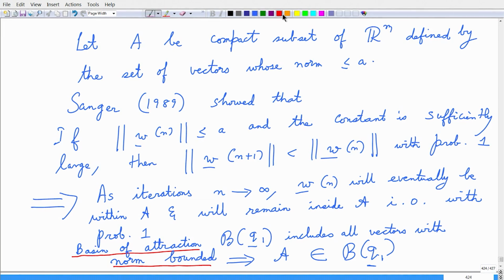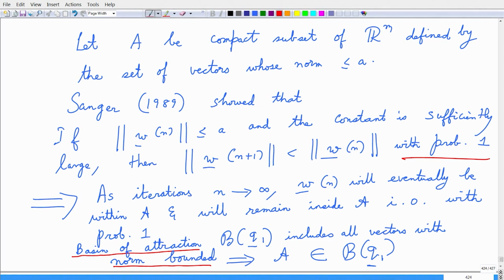This is an important result. So, what this means is as iterations tend to infinity, that means I have a large number of iterations, the weight vector w of n will eventually remain in this compact subset infinitely often with probability 1.